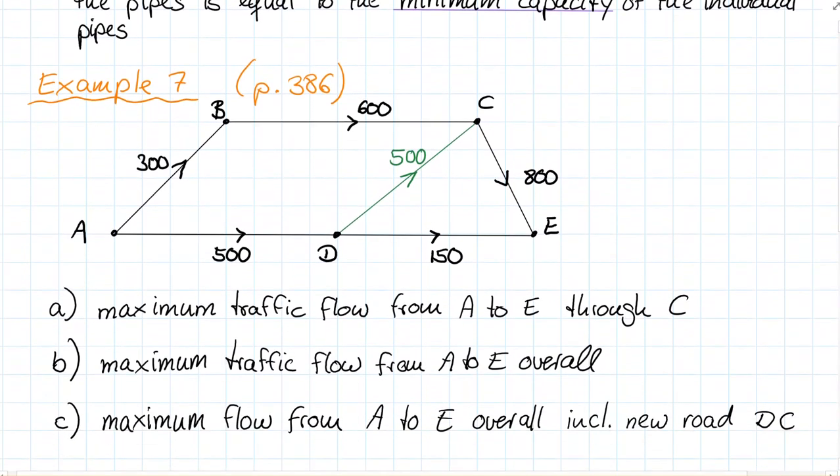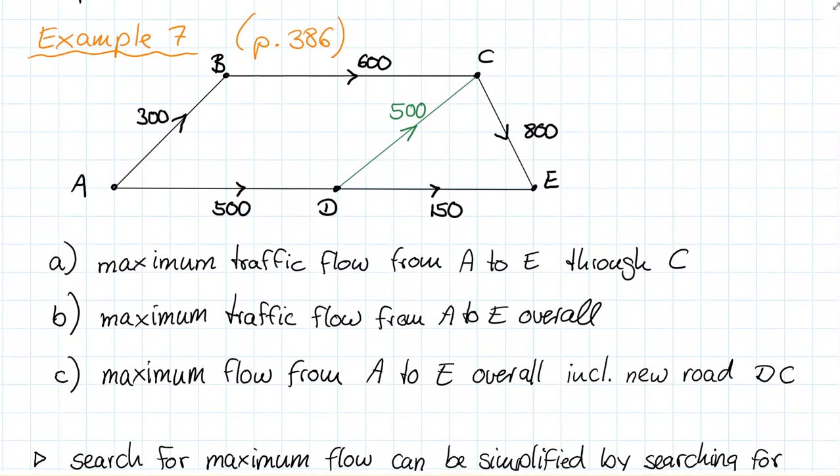Okay. Next, I wanted to have a look at example 7 on page 386. I have drawn this example here for you. We have a directed graph with vertices A, B, C, D, E. Don't have a look at the green one yet, that's for question C. We want to investigate the maximum traffic flow from A to E through C. So we have 5 cities here, and these numbers are the amount of cars which can go through in 1 hour.